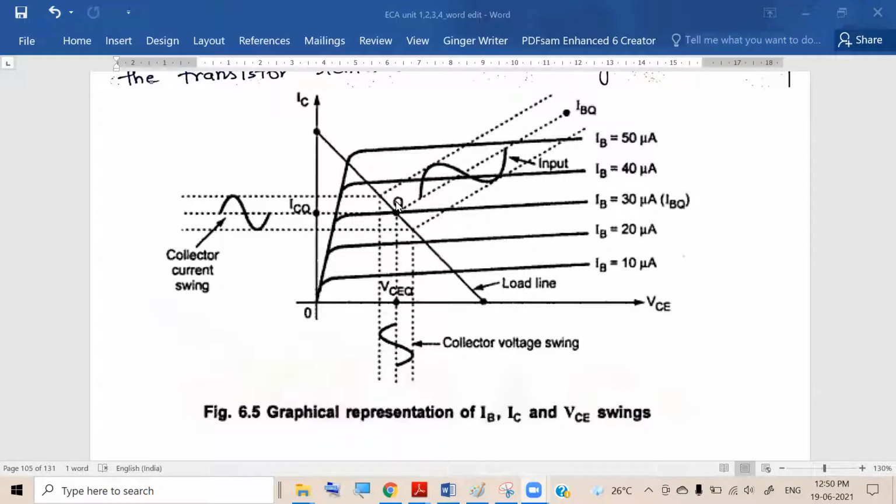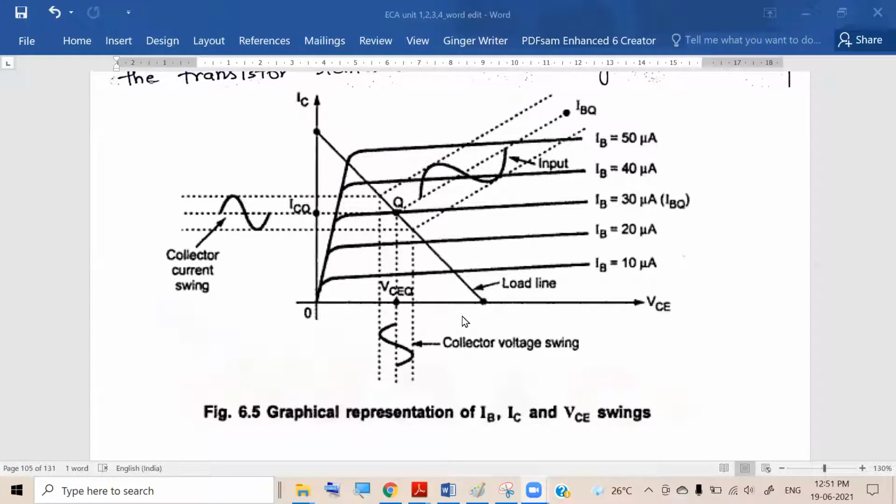So as long as the signal swing is in the first quadrant, we say that the signal is amplified without getting clipped. This means the maximum swing at the output will be from here to here. Actually, there are some losses, but this is approximately from here to here.